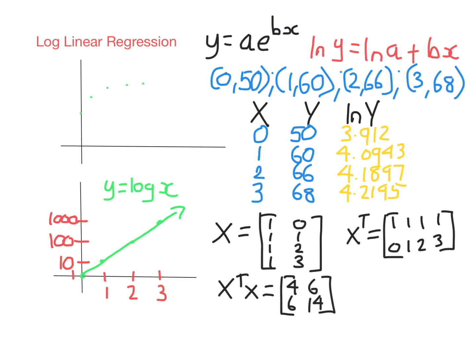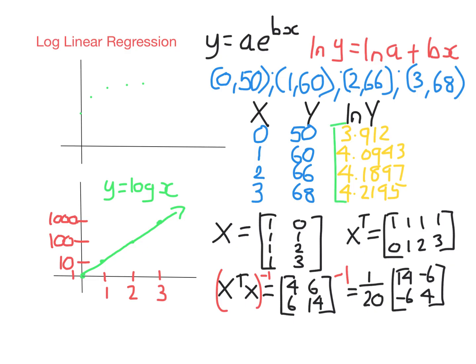We get this matrix here. Of course, we need to calculate the inverse of this matrix. And so ad minus bc, 56 minus 36 is that. Then we switch the entries on the leading diagonal and change the sign of the other two. So our inverse matrix is just all these values here.